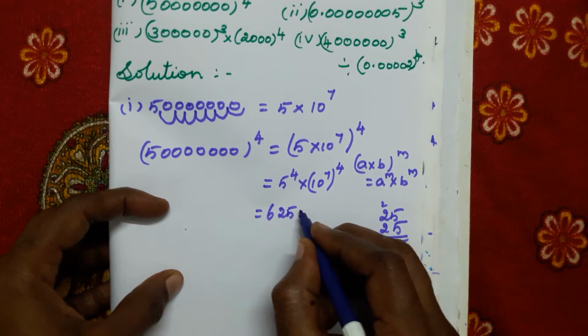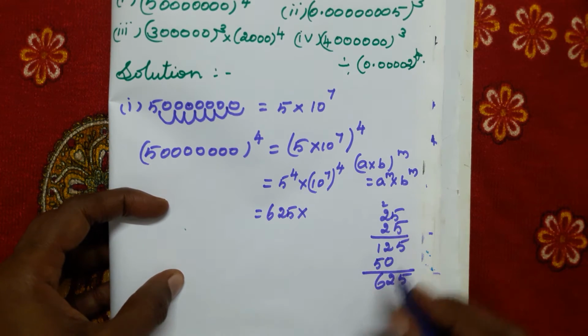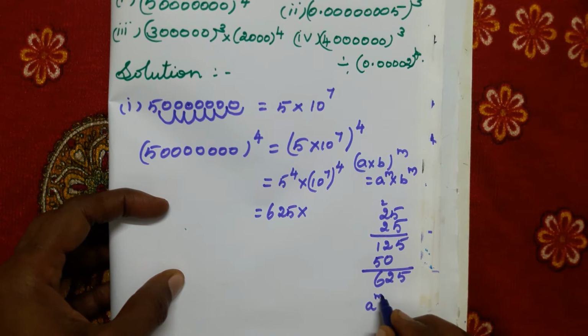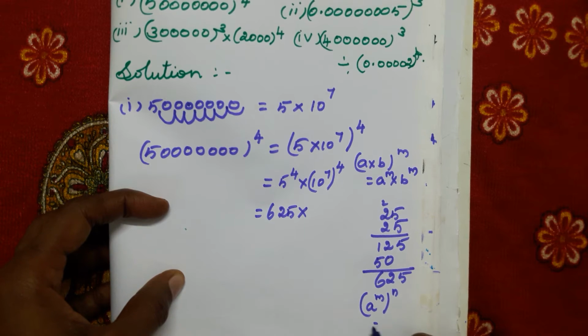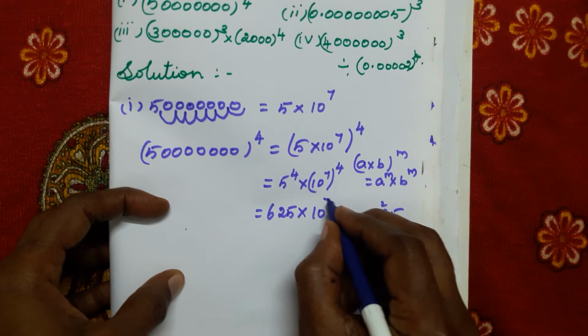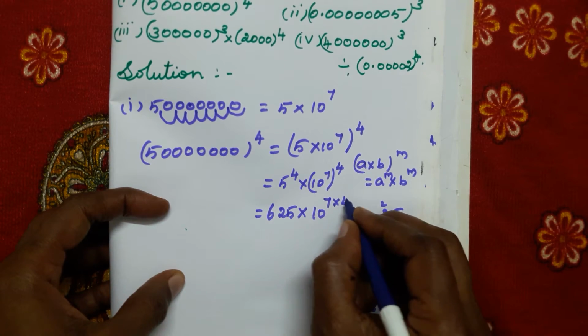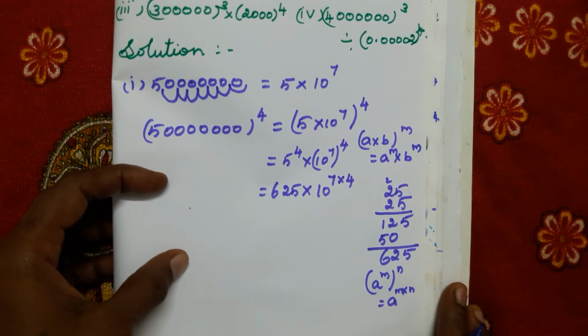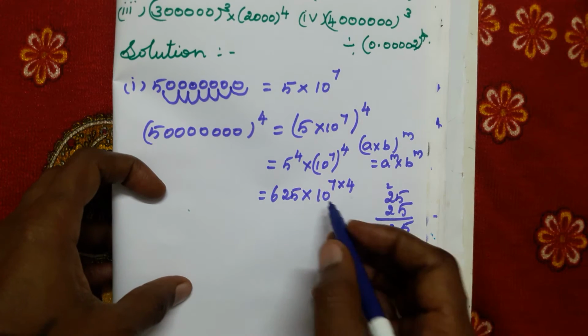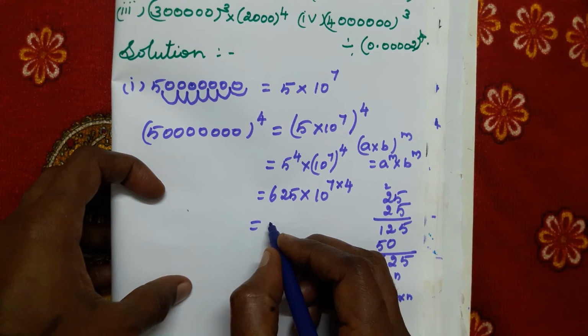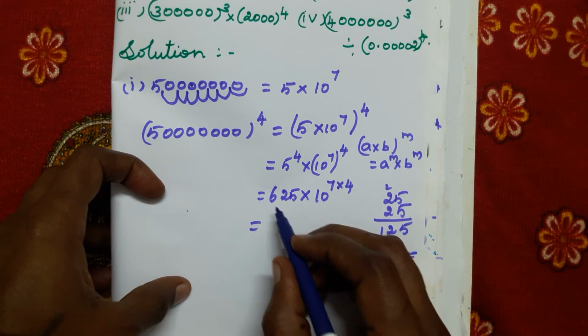625 into 10 power 7 the whole power 4. A power m the whole power n is equal to A power m into n. So 10 power 7 the whole power 4 is equal to 10 power 7 into 4, which is 10 power 28.